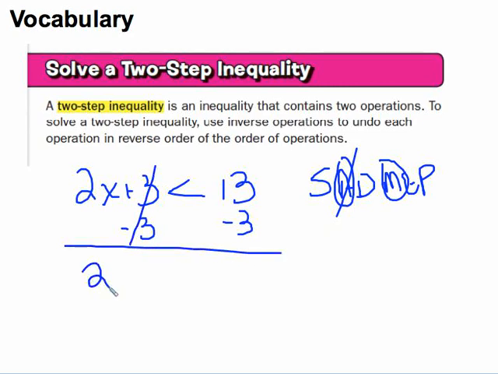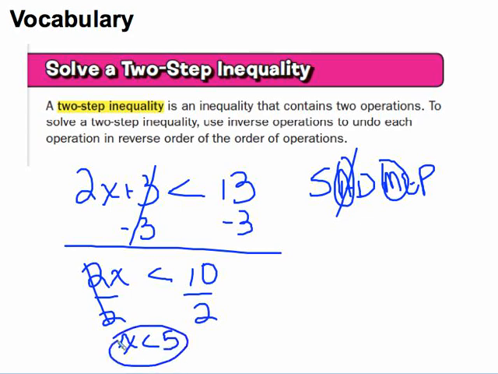I get 2x is less than 10. I divide by 2 and I get that x is less than 5. So as before I had x was equal to 5, now I have x is less than 5. I have an inequality instead of an equality. So in this case, we can see the difference is very minor.